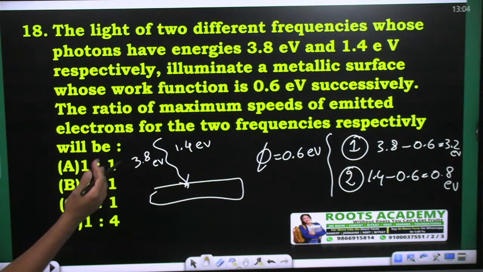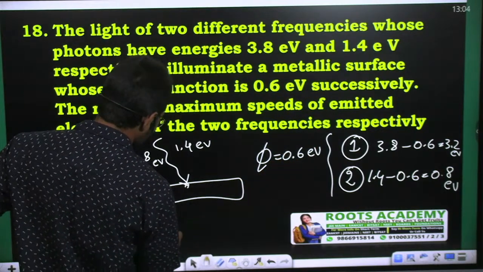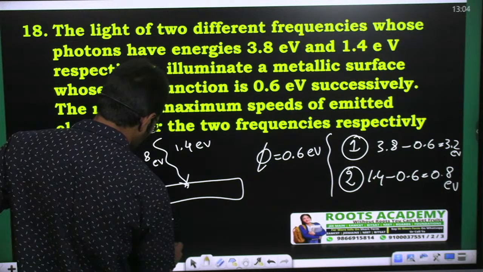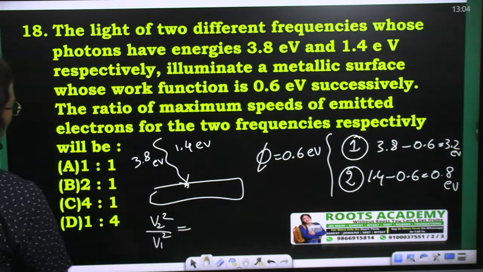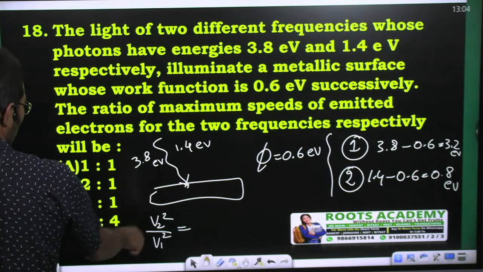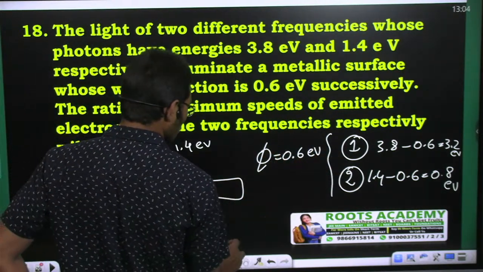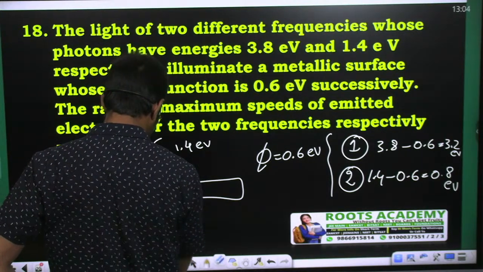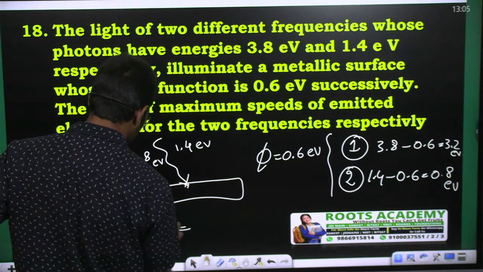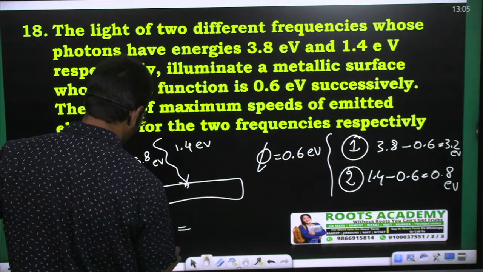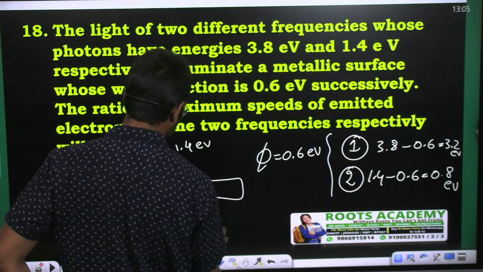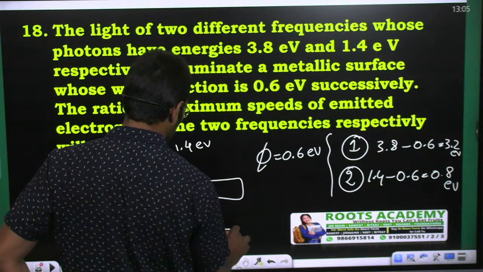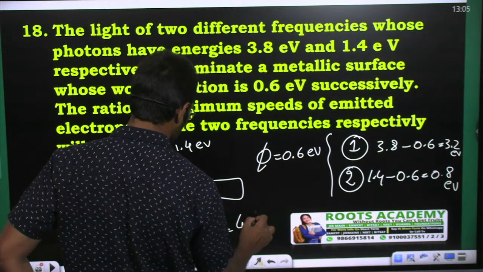That is nothing but kinetic energy, right? As both are electrons, masses will be the same, half mass gets cancelled. So V1 square by V2 square is 3.2 by 0.8, equal to 4, so V1 by V2 is equal to 2.